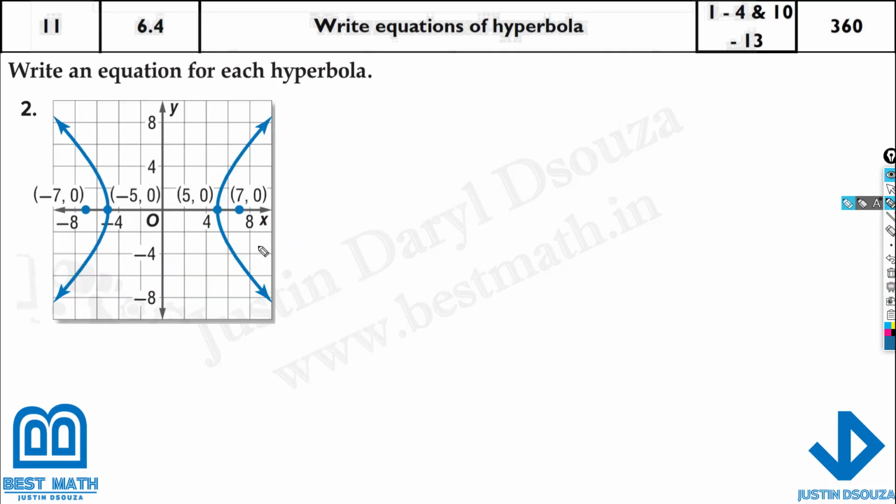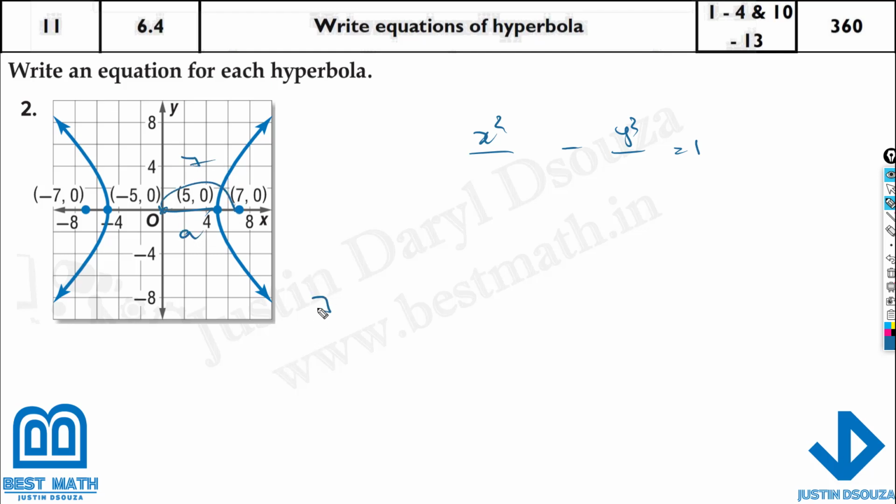What about this problem? It's along the horizontal axis. Now, is the center the same? Yes, the center is the same. It's 0, 0. It'll be x squared by something minus y squared by something equals 1. So what about this from here to here? It's 5. A is 5. What is the c value? It's 7.